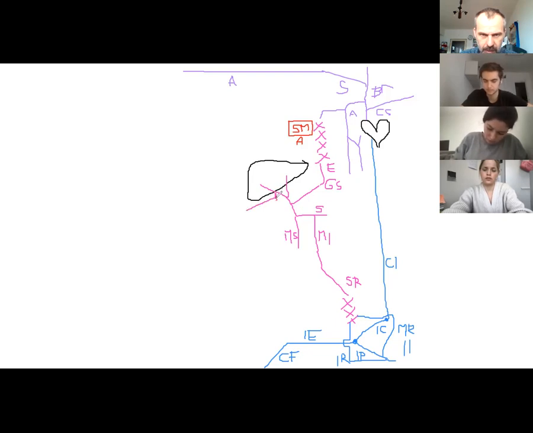Two small paraumbilical veins of Sappey, which come to the umbilicus.